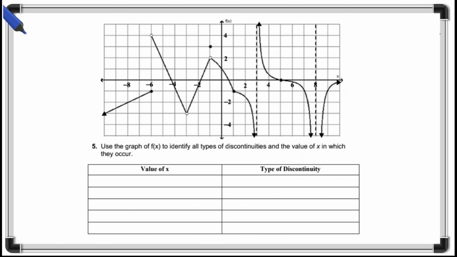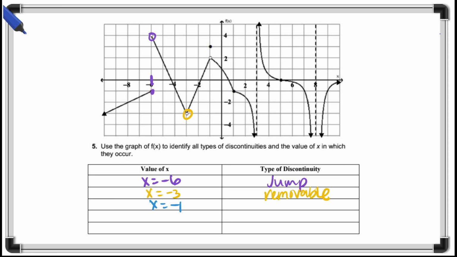Okay, so we're going to evaluate all the discontinuities here and the x value that they occur at. So let's start from the left-hand side. Here at -6, you have a jump discontinuity. You're going from -1, going all the way jump into 4. Here at -3, you have a discontinuity. You have a hole, so you have a removable discontinuity.